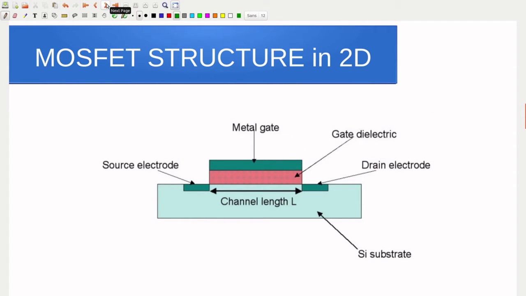If we just want to plot it in a 2D, this can be the structure of MOSFET. We are having a source, and a metal gate and drain.